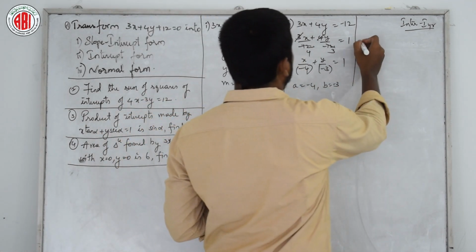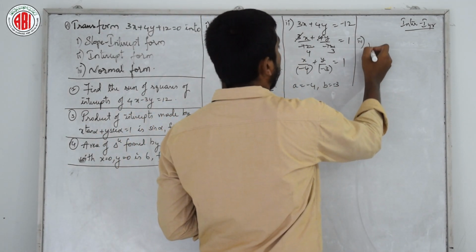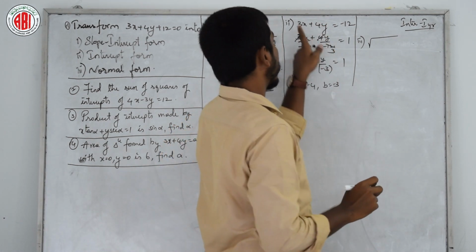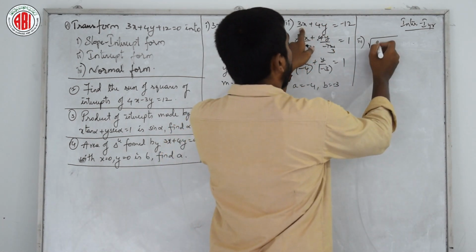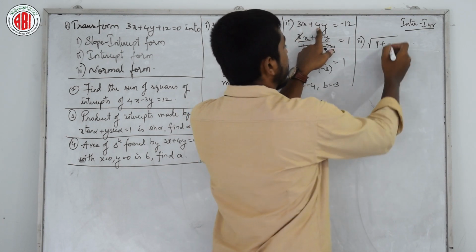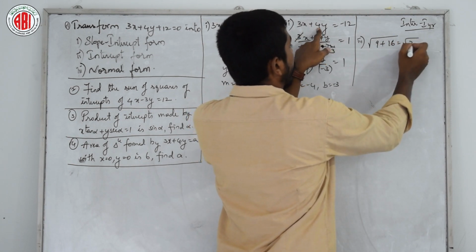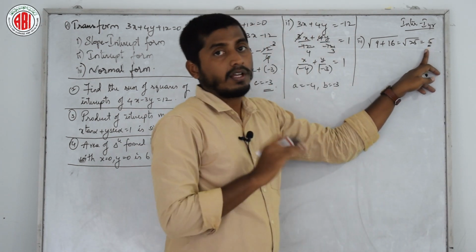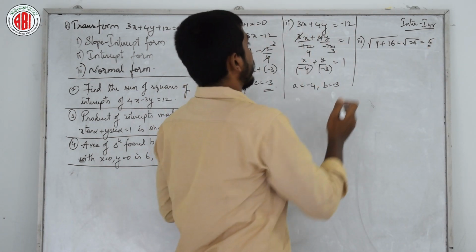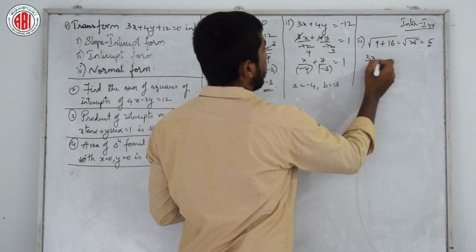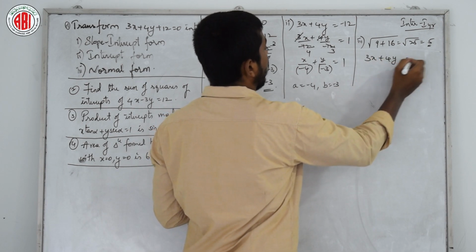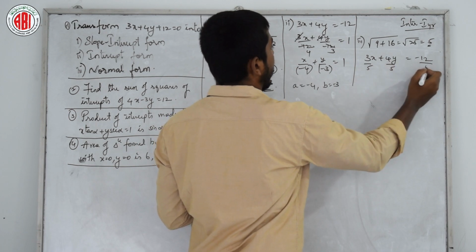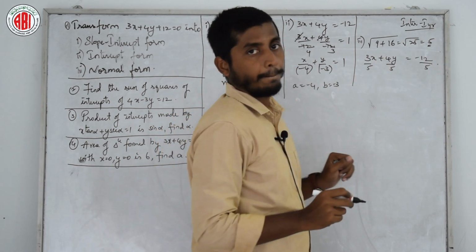The first step is to divide by under root a square plus b square. What is it here? 3 square is 9, 4 square is 16, that is root 25, which is 5. We have to divide by 5 on both the sides. Let us do that. 3x plus 4y equal to minus 12, divided by 5 throughout.